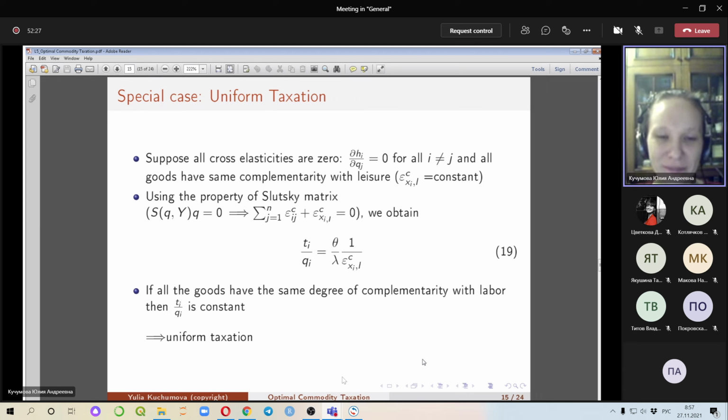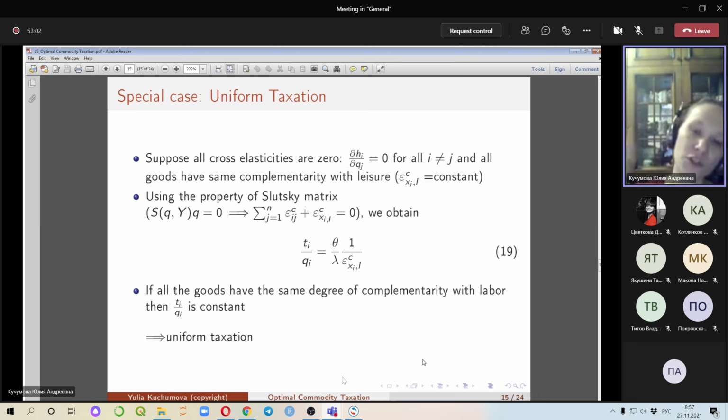Wait a little bit, we will discuss that. But from the efficiency perspective, from our model, which takes into consideration the efficiency issues, so we only care about what is efficient and what is not, what is the efficient way to set up consumption taxes.